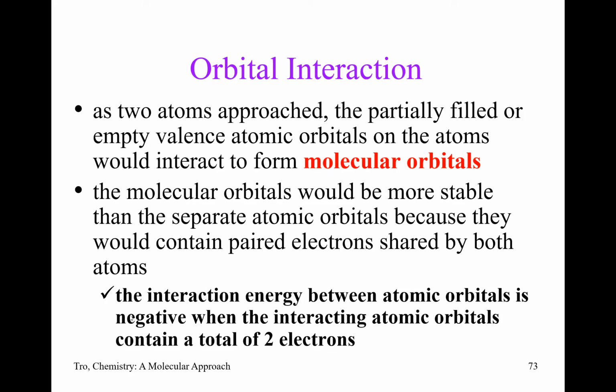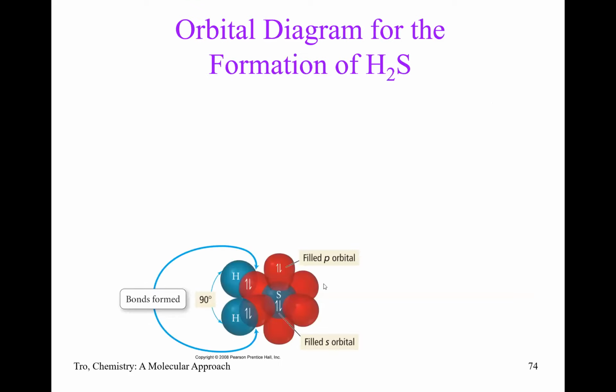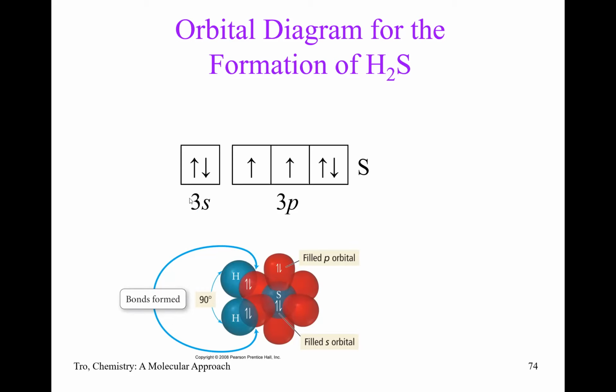All right, so the interaction between atomic orbitals is negative, but when you interact atomic orbitals together containing two electrons, you get the molecular orbitals. All right, so let's say we had H2S, right? The S would look like this from our previous example.